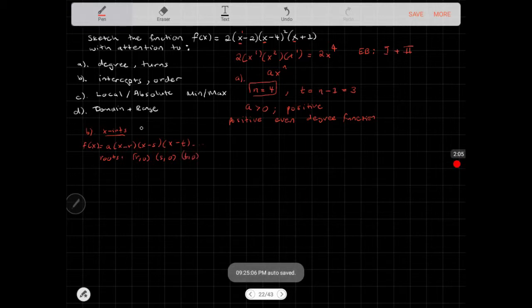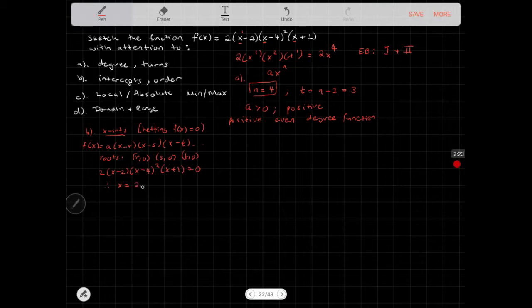We can find our x-intercepts by letting f(x) equal 0. If you do that, your roots come from 2(x - 2)(x - 4)^2(x + 1) = 0. So x can be equal to 2, 4, and -1. Those are your x-intercepts.